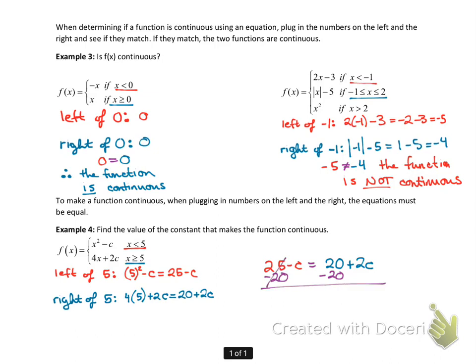Oops, that doesn't cancel. We get 5 minus c equal to, that cancels, 2c. Now I need to get rid of the c on the left, so add c to both sides. 5 equals 3c. Divide by 3. And the c that would make this continuous is 5/3.